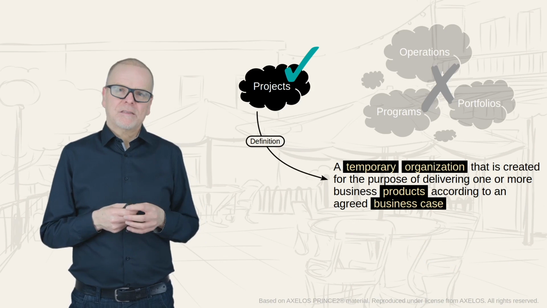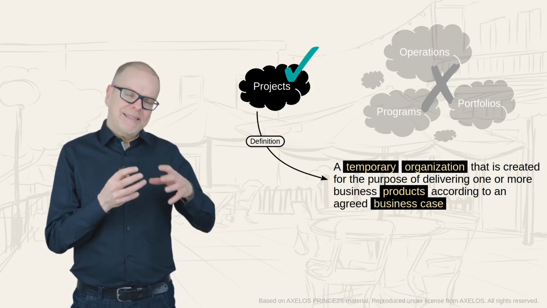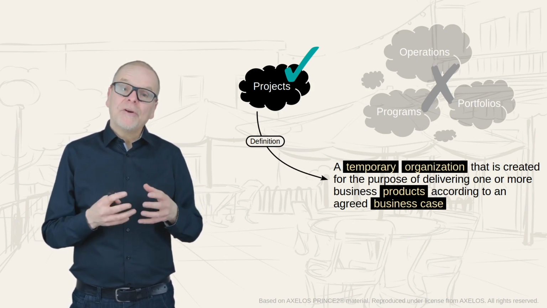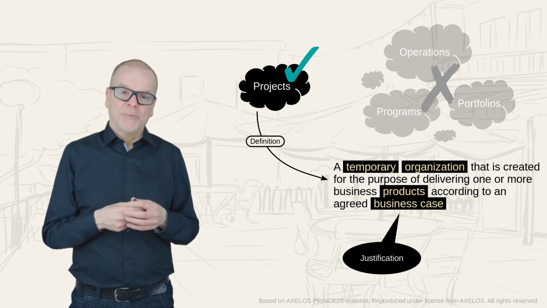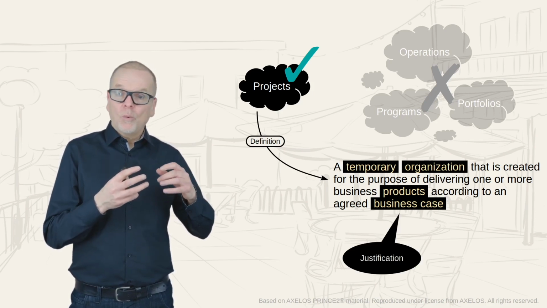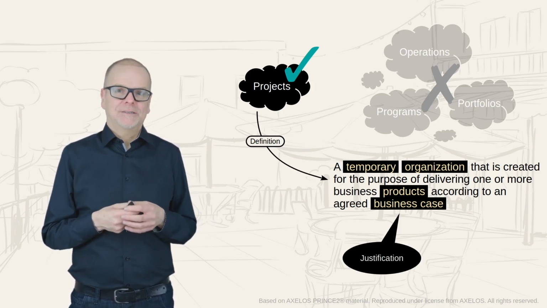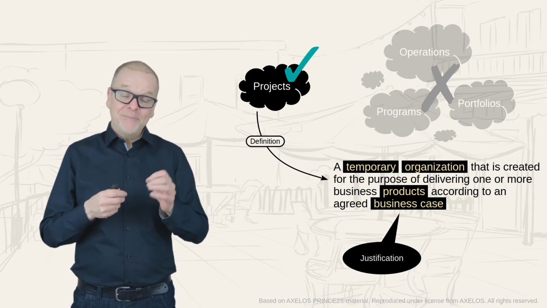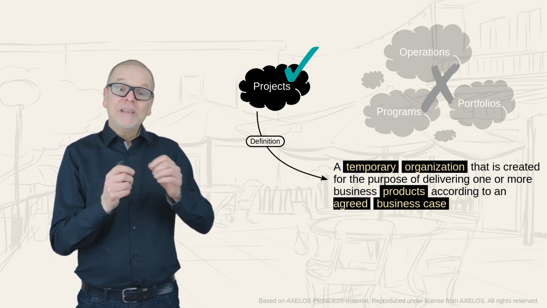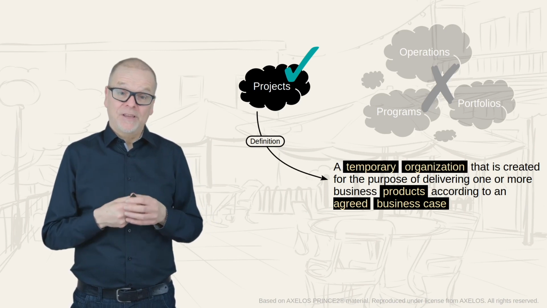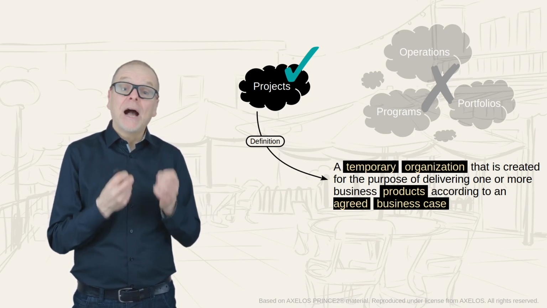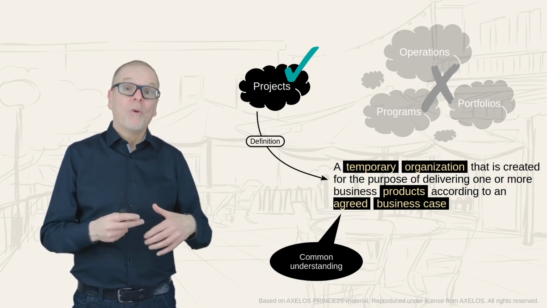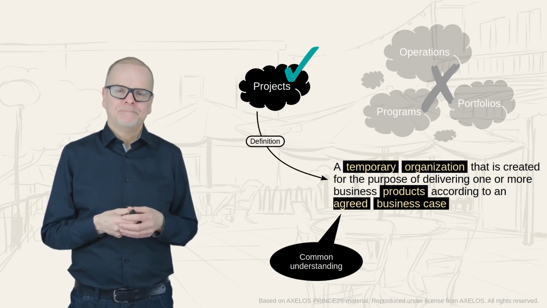Then business case. Business case, that's a concept actually, and it refers to the justification of the project. In other words, why are we going to do the project? Then agreed business case. Well, usually there are different parties involved in the project, and they need to have a common agreed understanding of why the project is being done.